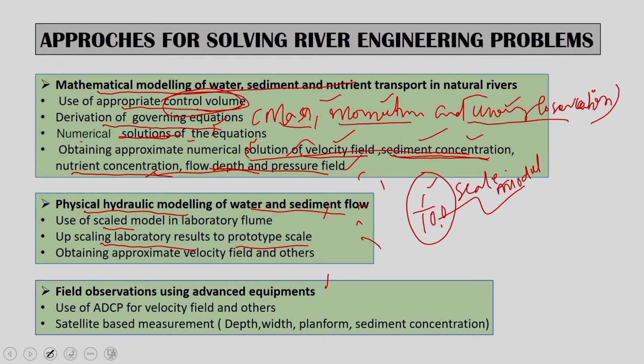What you measure in these flumes or small channels, you can upscale to the prototype scale. Then we get the velocity field, the depth, the sediment concentrations, all of it. But here also we have the biggest problem with scale effect, because you scale the models down by 1:100. The major issue here is the scale effect, as you all know.